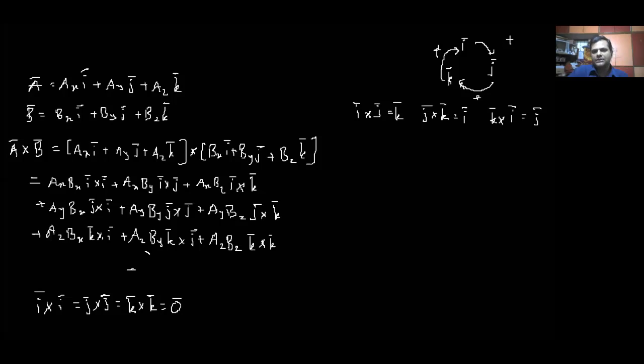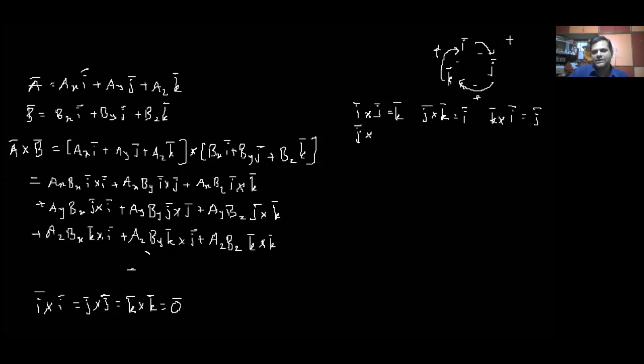But उल्टा लेंगे, उल्टा J bar cross I bar लेंगे तो हमको नेगेटिव आंसर मिलेगा. इवन K bar cross J bar करेंगे तो नेगेटिव आंसर आएगा और I bar cross K bar करेंगे तो भी नेगेटिव आंसर हमको मिलेगा.